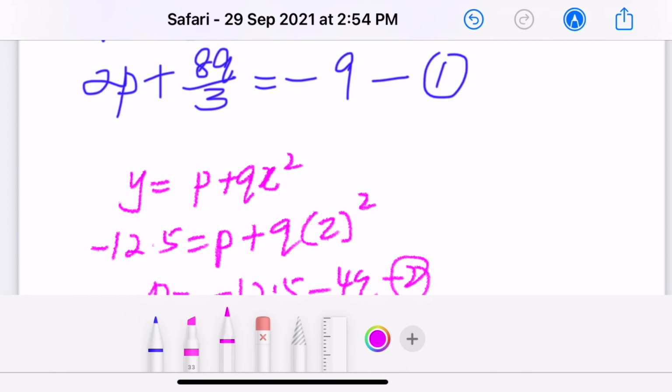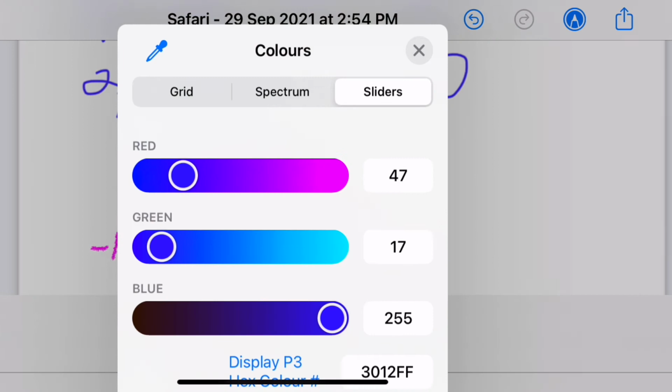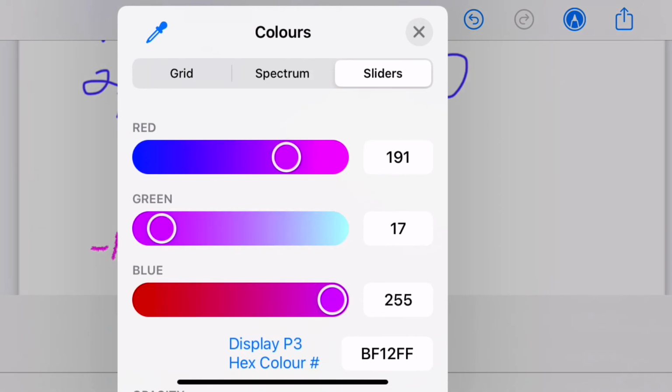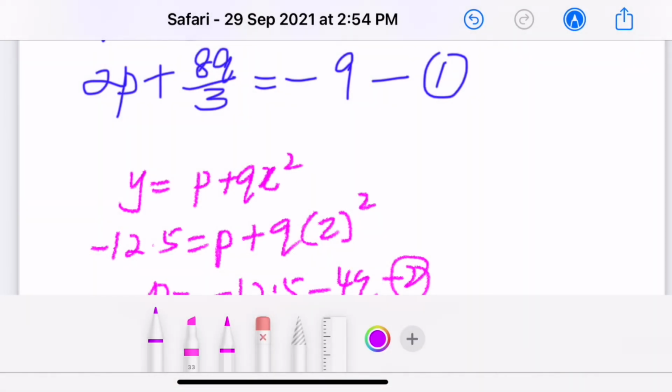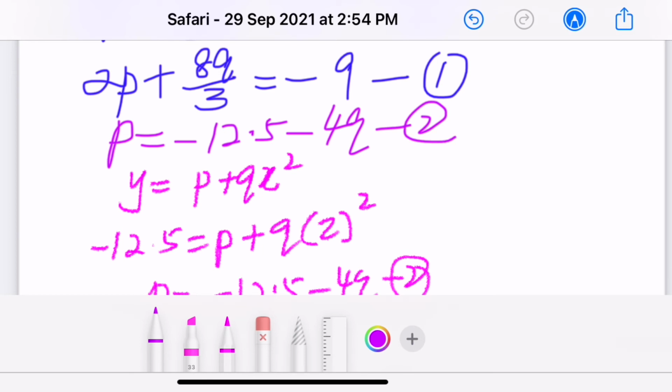Let's do it here. Substitute 2 into 1. Our equation is p equals negative 12.5 minus 4q. This is equation number 2. So we substitute 2 into 1.